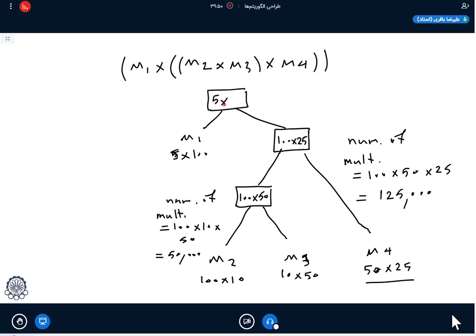Result has 5 rows and 25 columns, and the number of multiplication which is done in this step is 5 multiplied by 100 multiplied by 25.